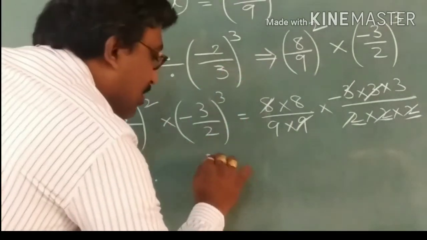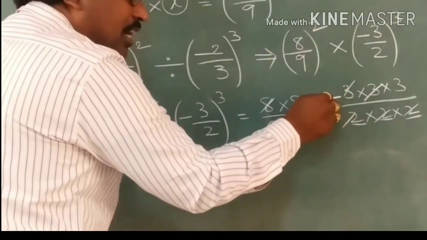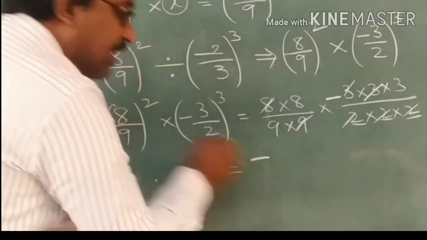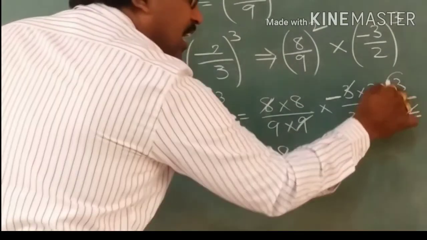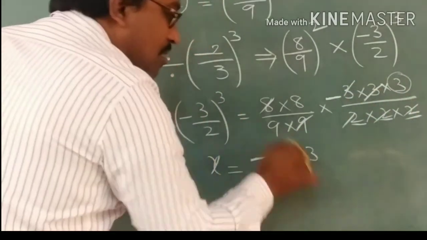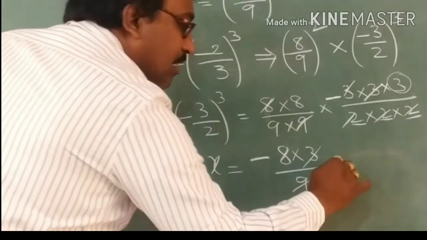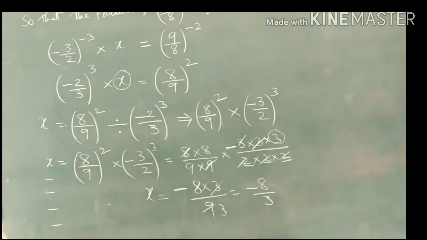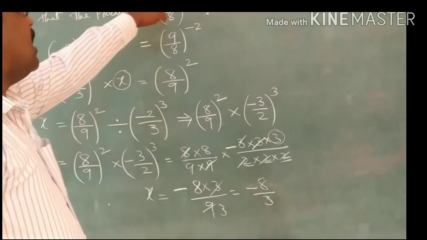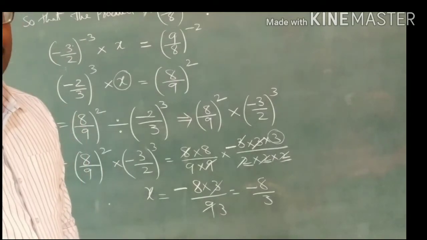Now, what is left to find the value of x? Very important thing is, it's a negative quantity. 8 and here 3 by 9. Of course, 9 and 3 times, minus 8 by 3. So, by what number should I multiply so that this will become minus 8 by 3.